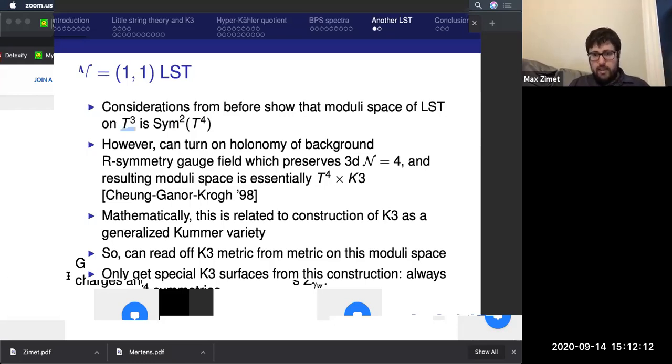So this still, in a sense, has the flavor of an 8 supercharge counting problem rather than a 16 supercharge counting problem, in the sense that one needs to refine by the R symmetry, but one is still in a 16 supercharge compactification.